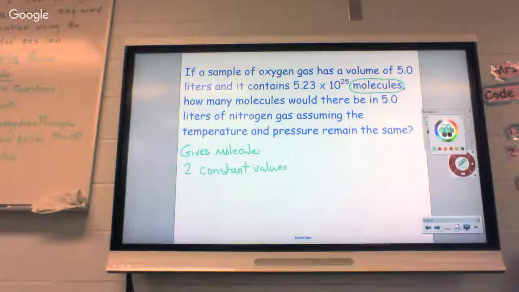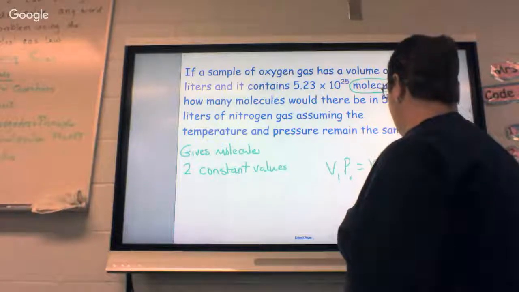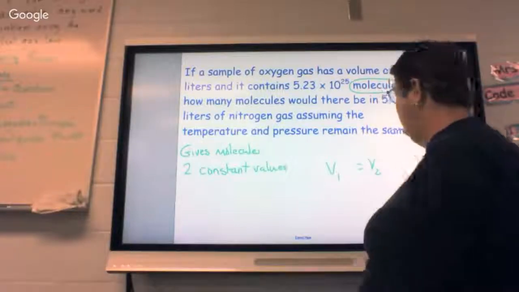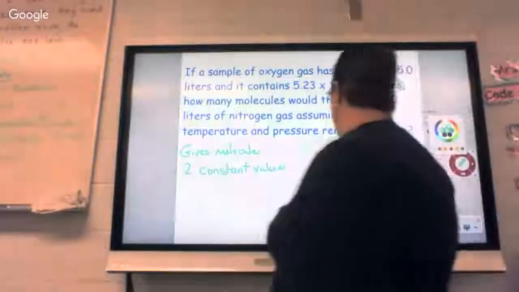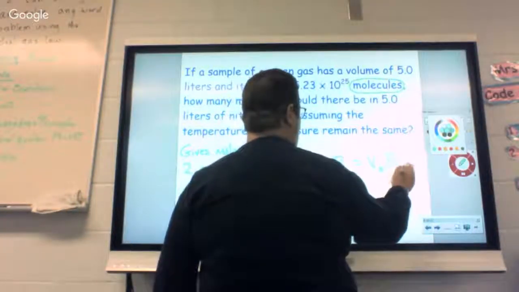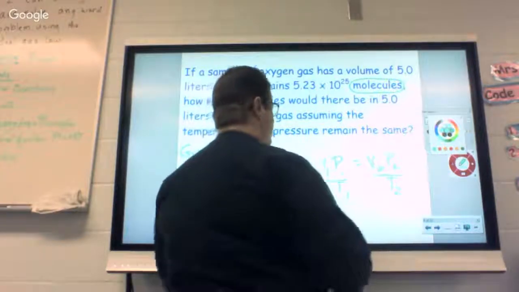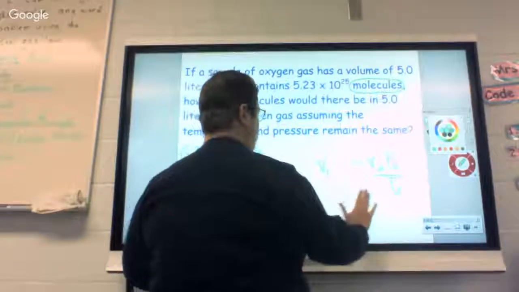Can you imagine trying to plug in like V1, P1 equals V2, P2 if pressure's constant and you got to take out the pressure? Well, what do you got left to plug in? Nothing. All right, or if you had V1, P1 equals V2, P2, and then you use the combined gas law, you said, okay, well, what is the temperature? And you're like, oh, temperature and pressure are both constant.